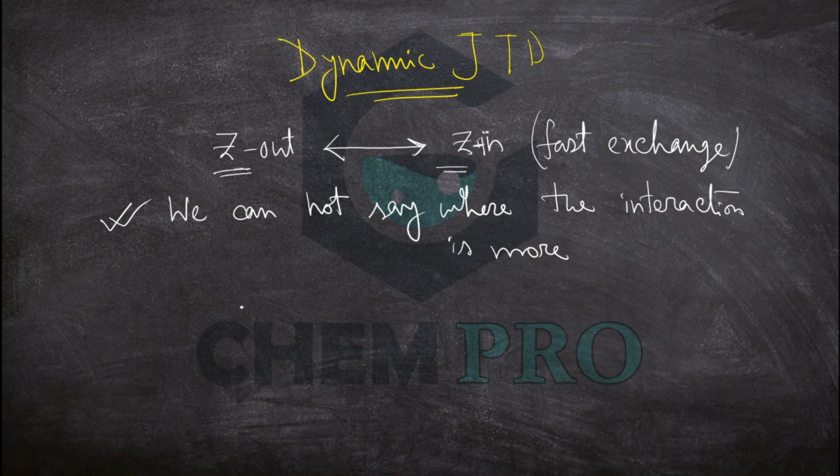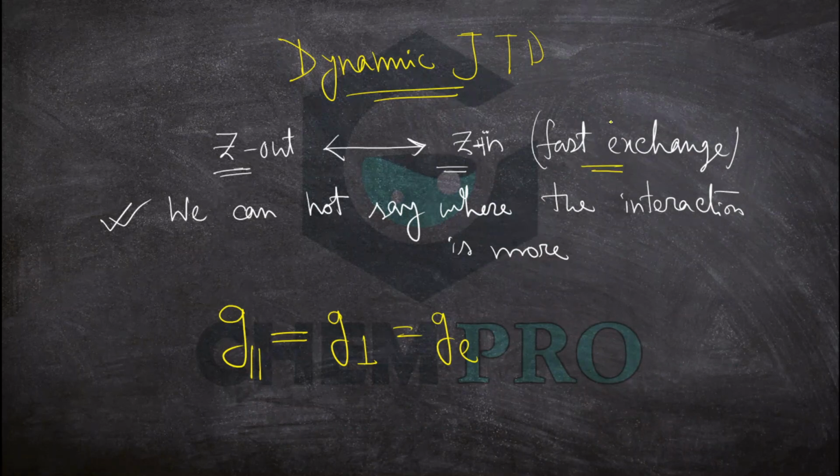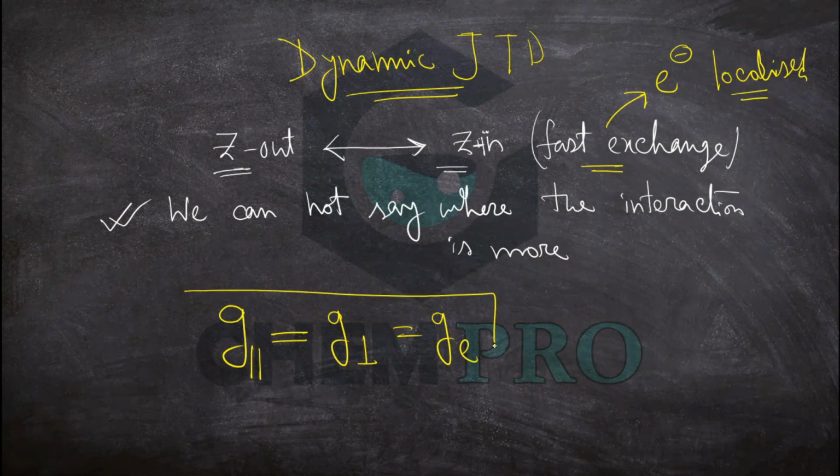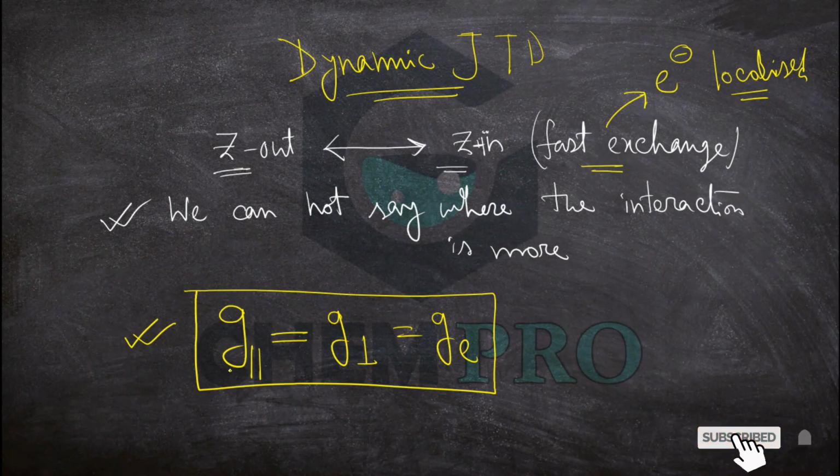So we can just say that G parallel equals G perpendicular equals GE, because for the fast exchange we can also say that the electrons are localized. So here we have the third trend of the G value, or the third condition, that is G parallel equal to G perpendicular equal to GE.